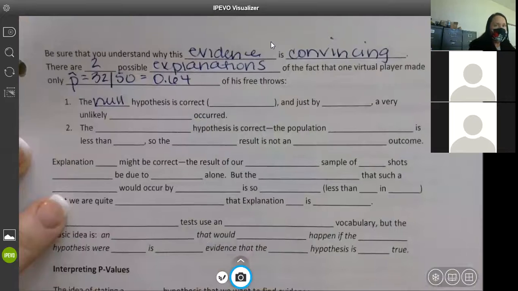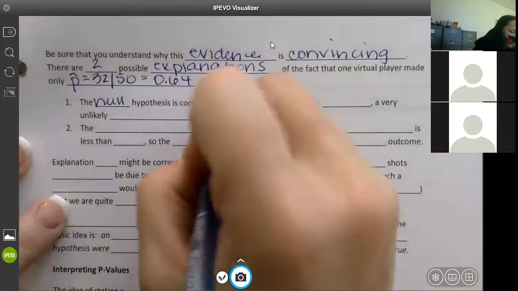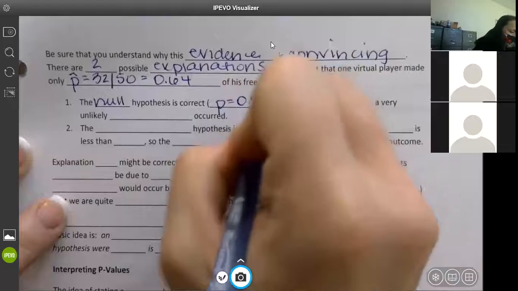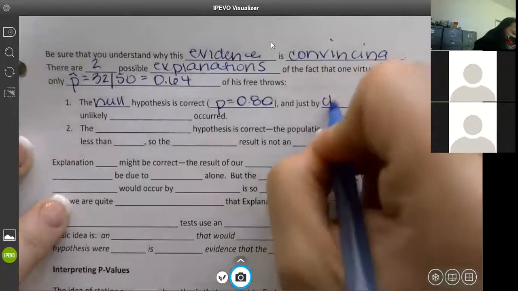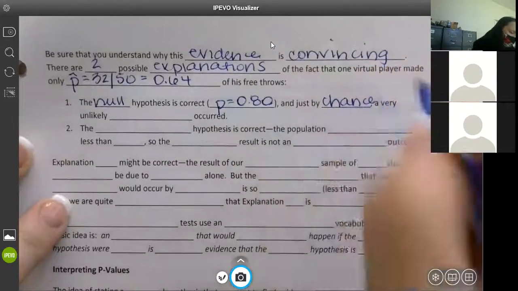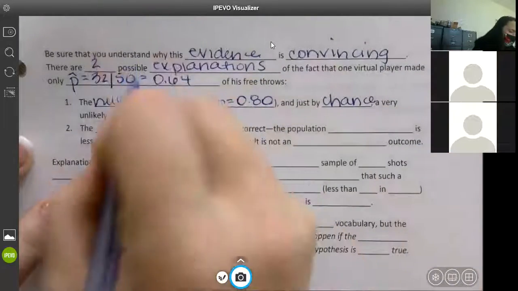Here are the 2 possible explanations. The null hypothesis is correct, that it was 80%, and just by chance a very unlikely outcome occurred.